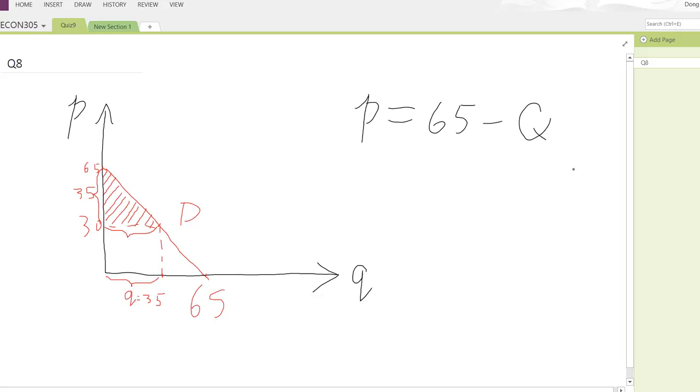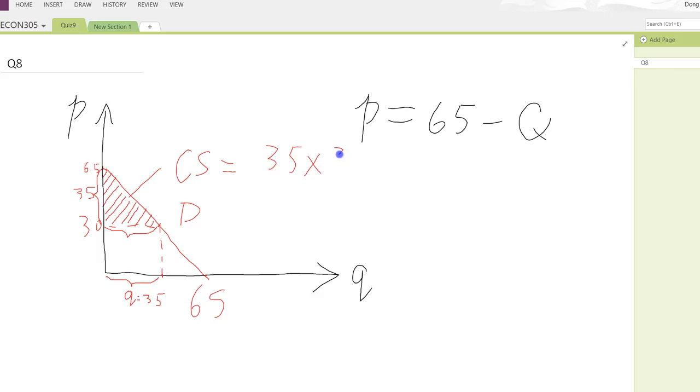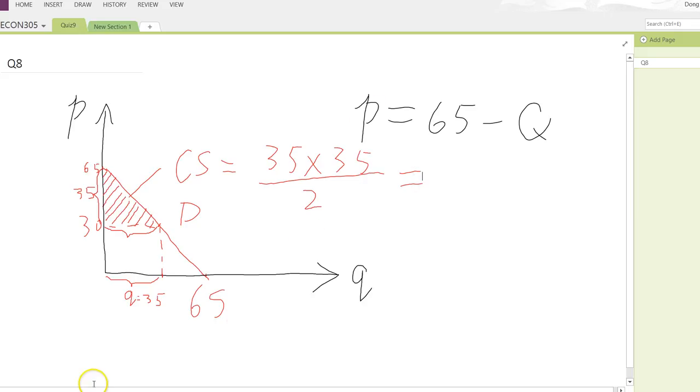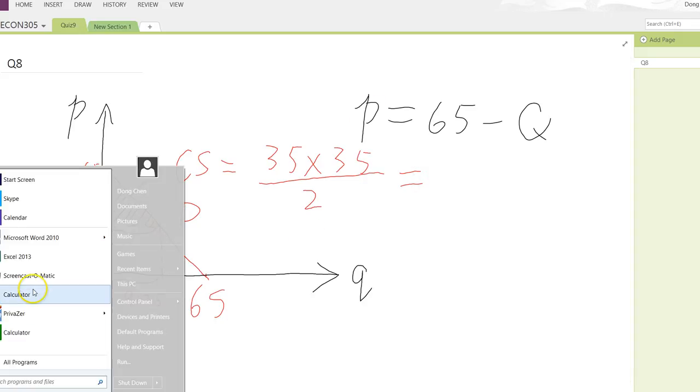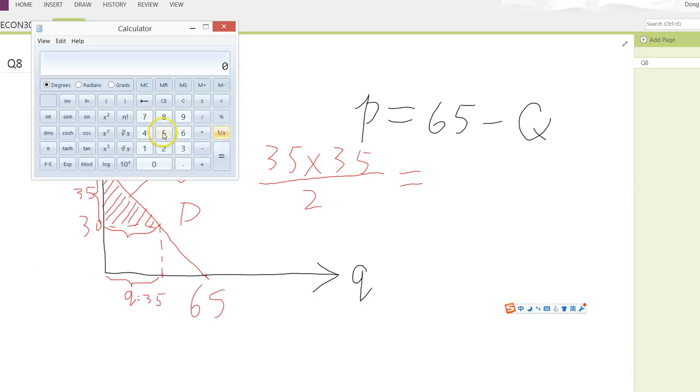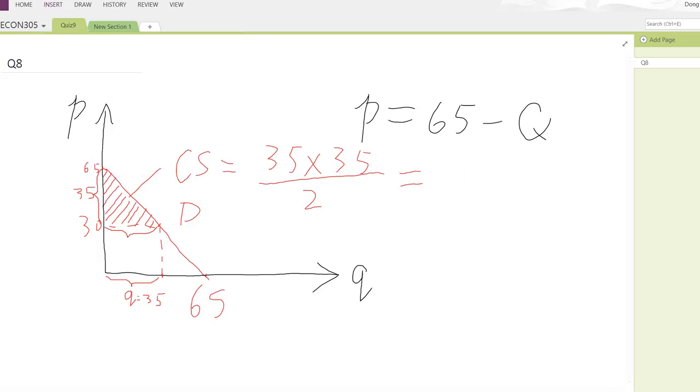So the triangle area is the consumer surplus. Consumer surplus should equal 35 times 35 divided by 2. If we pull out our calculator, 35 times 35 divided by 2, that's 612.5.